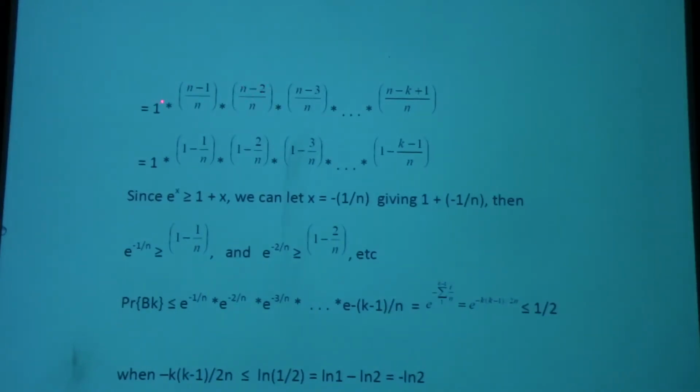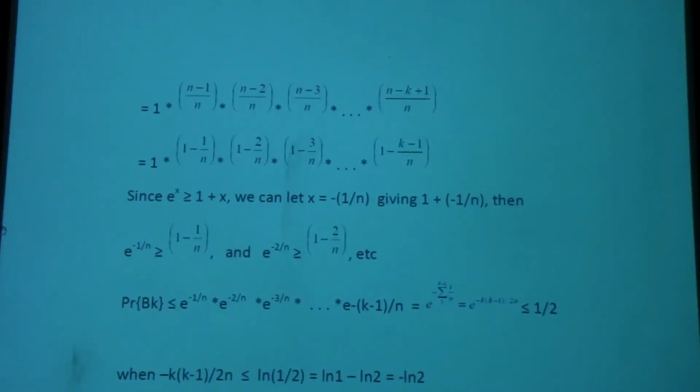Again, because now this person is unique, this person is unique, so in order for this person to be unique, you cannot match these 2 days, and 2 days removed from 365 is 363, 362, etc., and then we have n minus k plus 1.